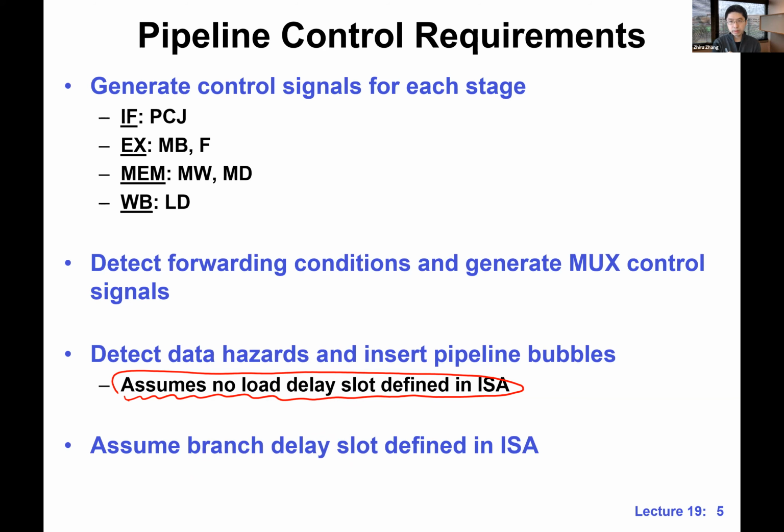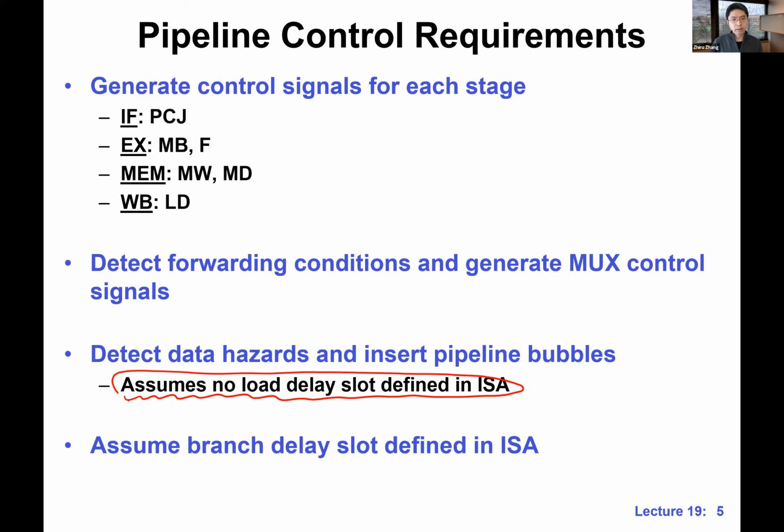Emily, you're right. No, since we are deciding whether we take the branch or not in the second stage, the ID stage, and we introduce one branch delay slot. That means the instruction in the IF stage, which succeeds the branch instruction, will always be executed. So that's where we simplify our scenario quite a bit. We don't have to handle the branch hazard.